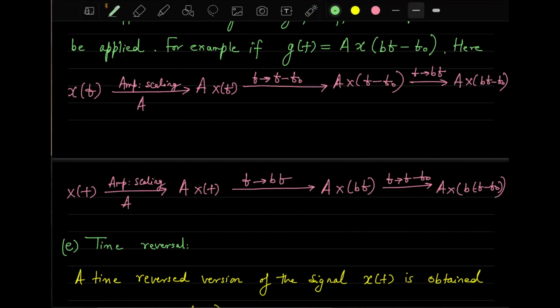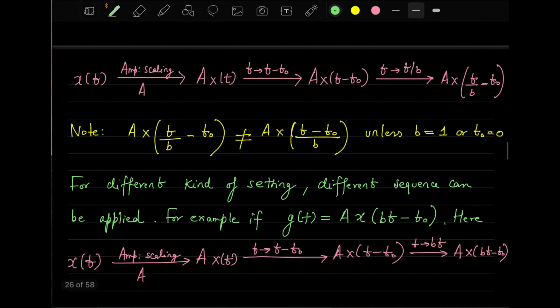So actually it is now a x(bt minus b t naught), whereas you wanted a x(bt minus t naught) and not b t naught. So this b t naught is coming extra. That's why this is not equal to this factor. So this is the thing when you want to do a combination of amplitude scaling, time shifting and time scaling. Okay, so this is done.